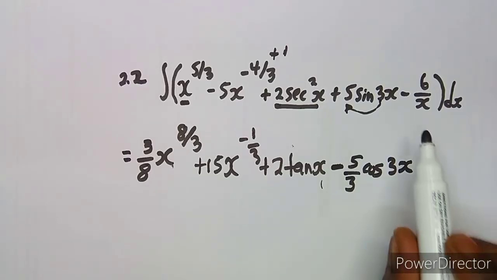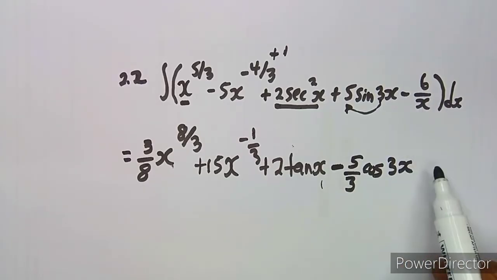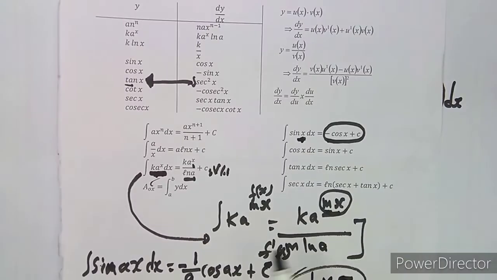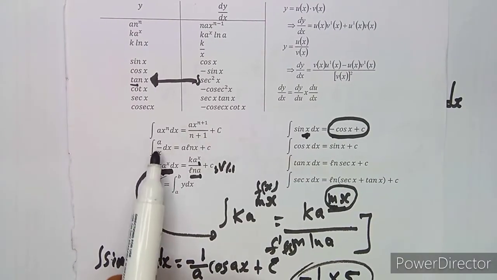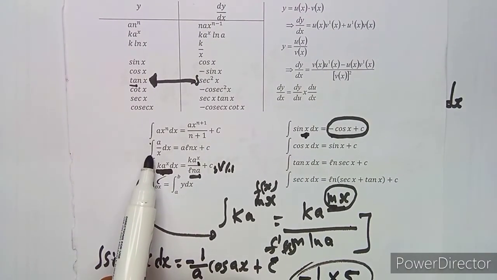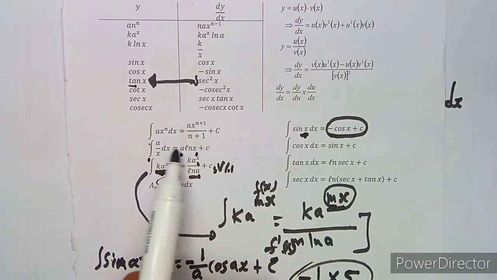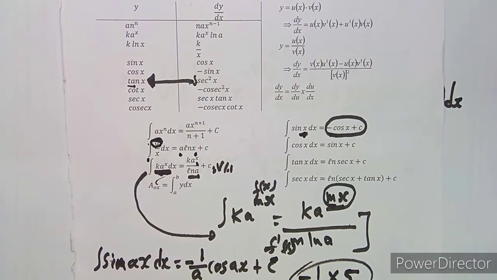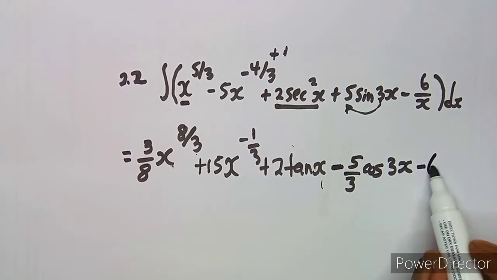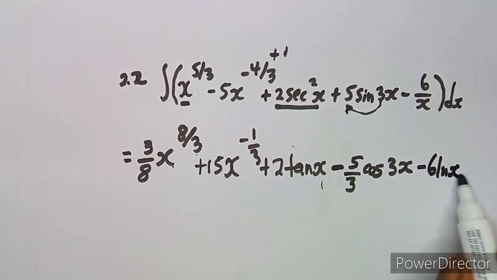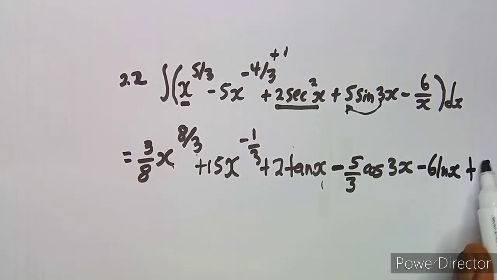All right. Then we move on to 6 over x. This one is also there on your formula sheet. That is the integral of a over x, which is a ln x. Our a in this case is 6. So this one is going to give us 6 ln x. Okay, so we are done, plus the constant of integration.